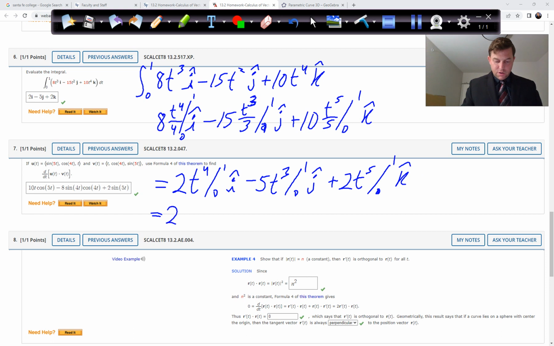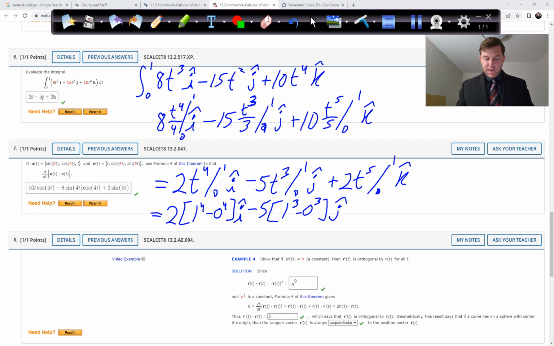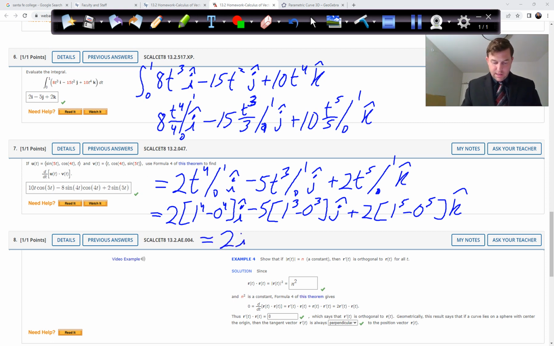So we're going to get 2 times 1 to the 4th minus 0 to the 4th in the i, minus 5 times 1 to the 3rd minus 0 to the 3rd in the j. Just putting in the limits of integration now, top minus bottom, plus 2 times 1 to the 5th minus 0 to the 5th in the k. Well, all those zeros are going to drop out. All these ones aren't going to change anything. So we just get 2i minus 5j plus 2k.